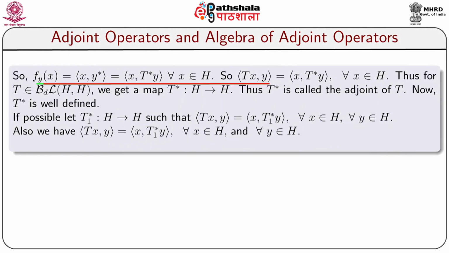So F_y(x) equal to inner product x comma y star, which is equal to inner product x comma T star y for all x belongs to H.